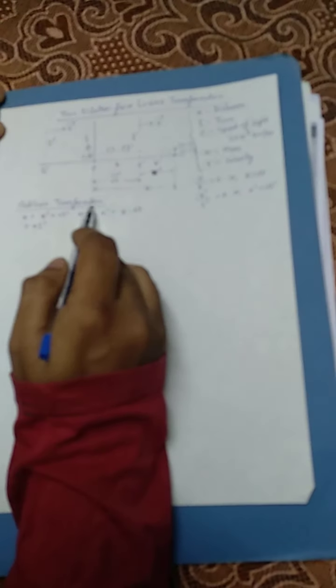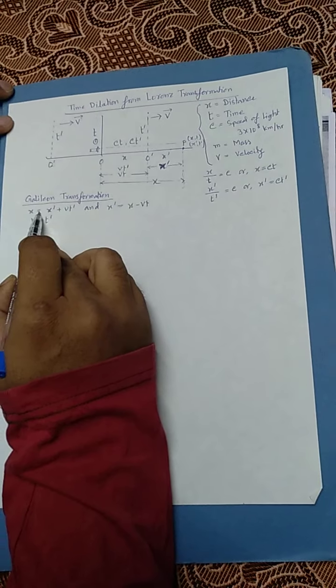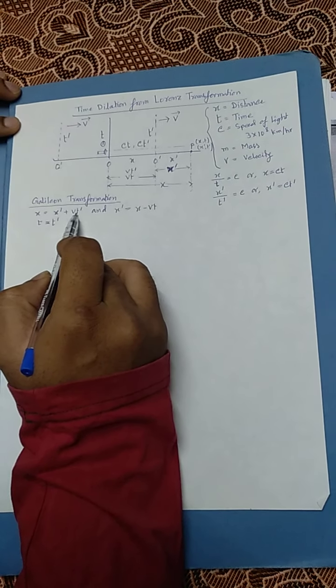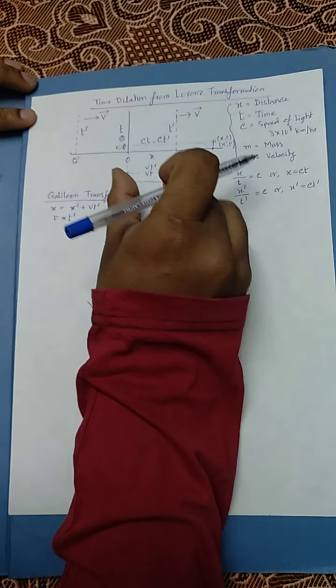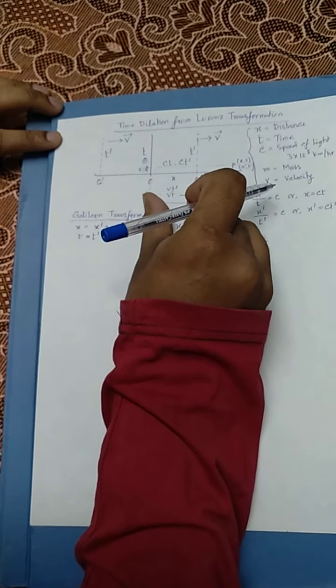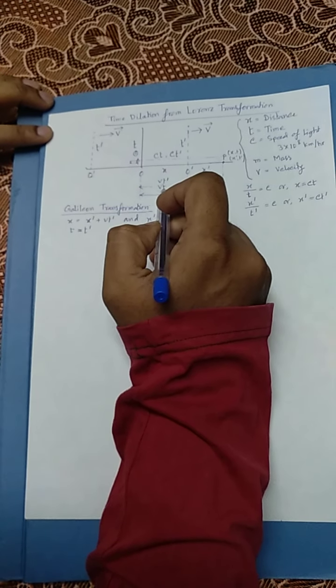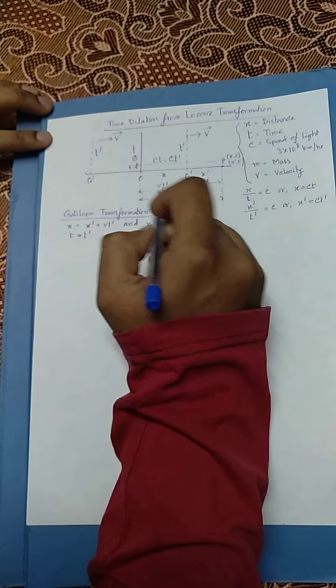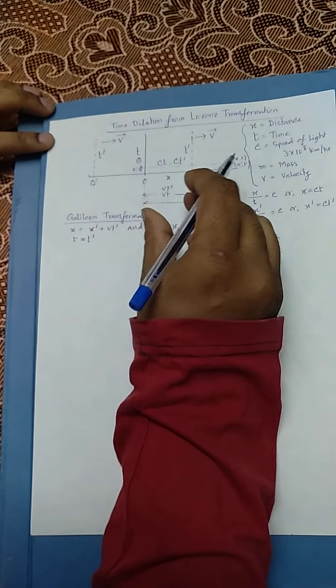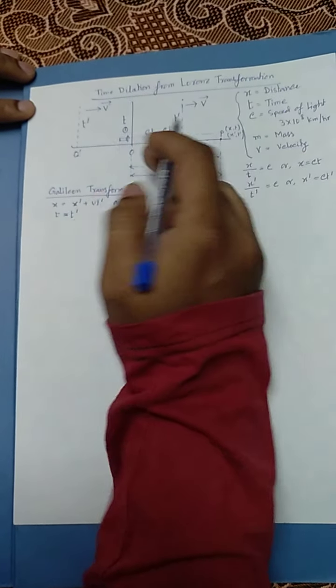Now from the Galilean transformation we can understand that x is equal to x prime plus vt. Because the x prime length is this one and vt is this one, this length is equal to vt in the x reference frame, and the same length is equal to vt prime in the x prime reference frame, because the times are different.